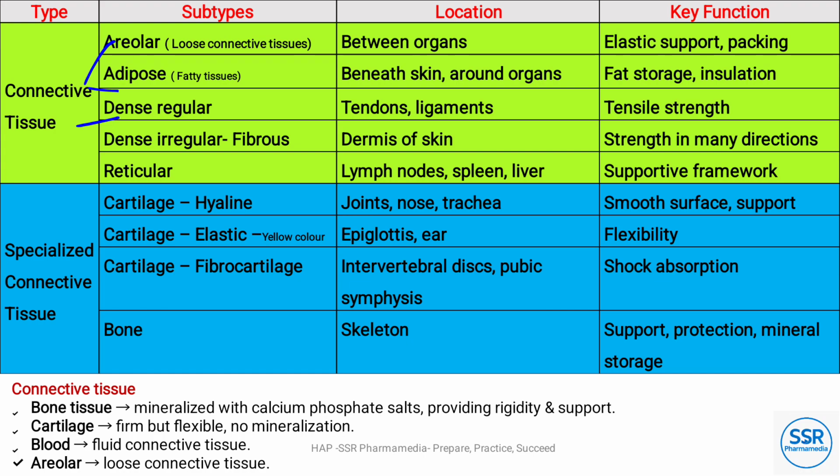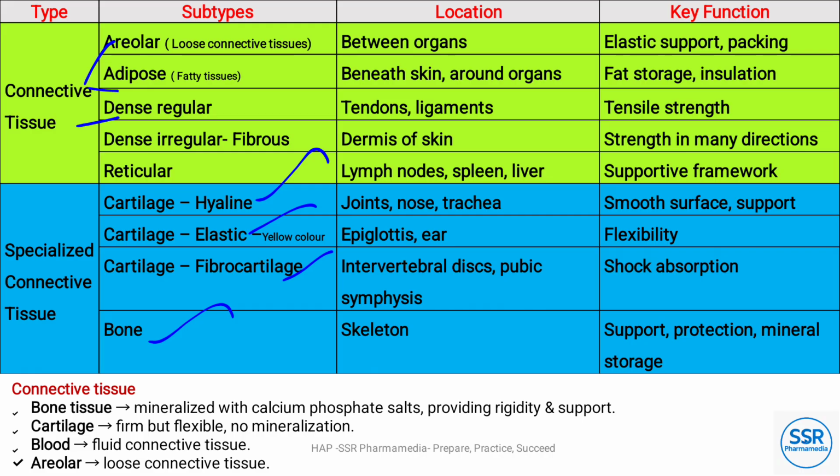Cartilages are of three types: hyaline cartilage, elastic cartilage, yellow in color, and fibrocartilage. These are called specialized connective tissue. And the last one, bone, is also a specialized connective tissue.